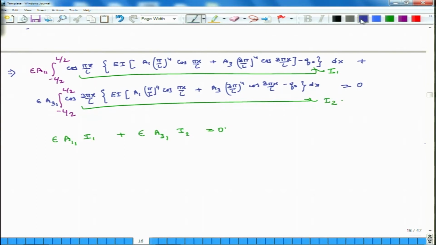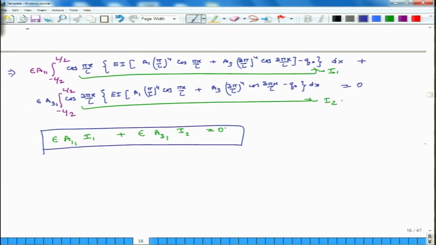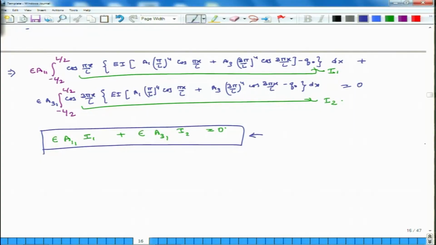Now, this A11 and A31 are arbitrary numbers, they can be anything. So, for this relation to be true, the first term has to be individually 0 and the second term has to be individually 0, because A11 and A31 are arbitrary and not 0.